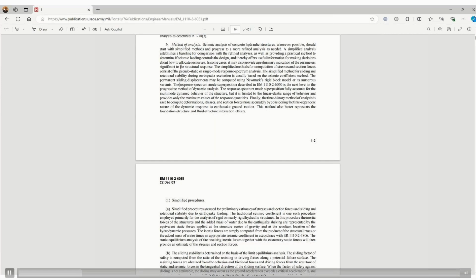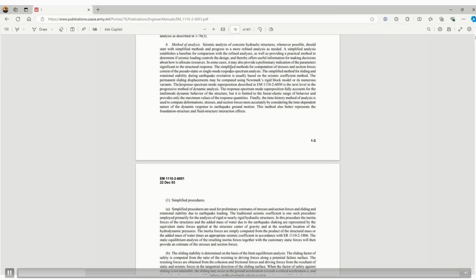We should try that the maximum masses in the structure participate, so we should have enough modes for that. This response spectrum mode superposition method is dependent on the number of modes, and it will give the maximum responses. It is not an accurate method for the analysis.